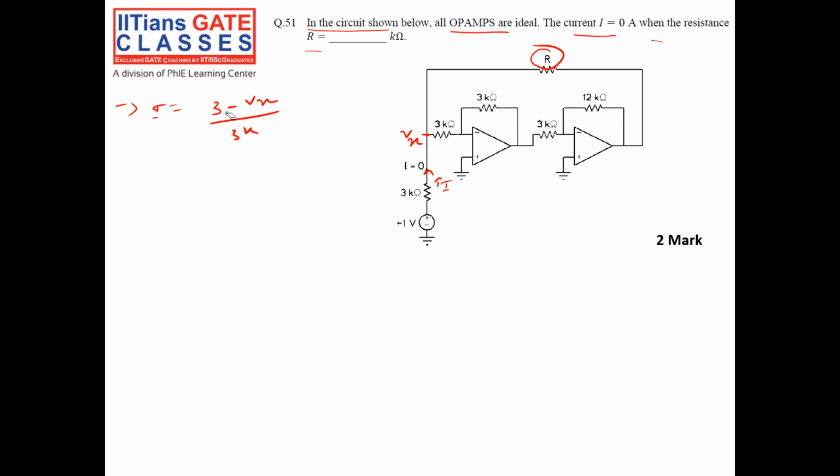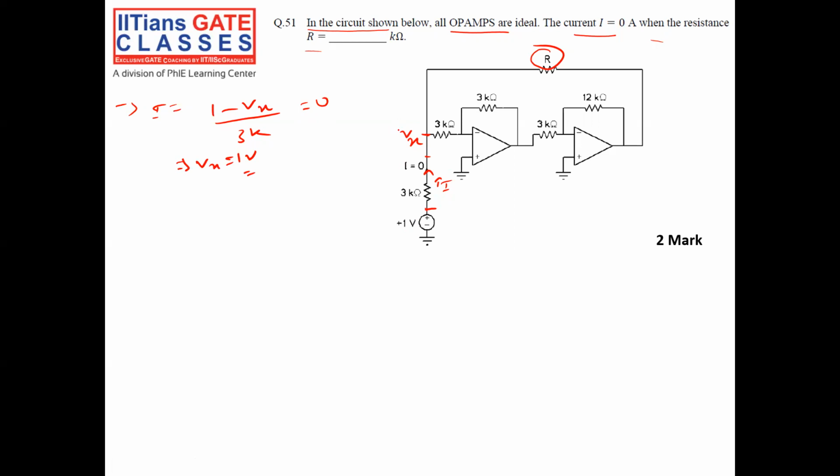So this current I is 1 volt minus Vx by 3K, which is equal to 0, already given. This implies Vx is equal to 1 volt.